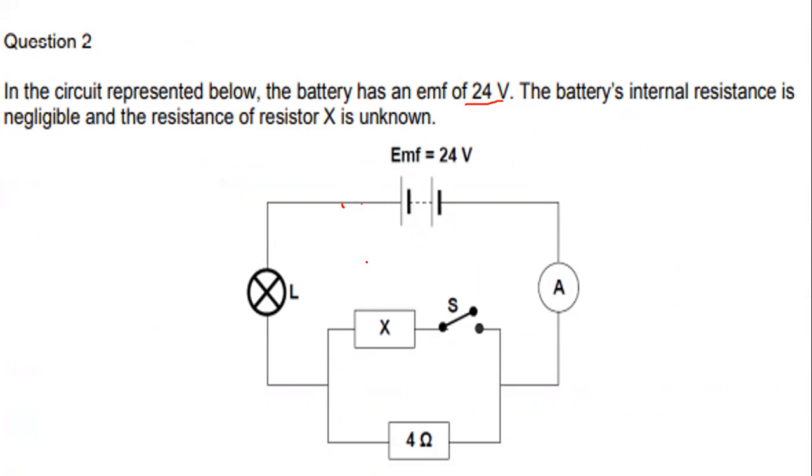So it cuts all of the current. But look at switch S there. Switch S is connected on this pathway where you have resistor X. And this is not the total current that is in the circuit, because the total current is actually there at that point.